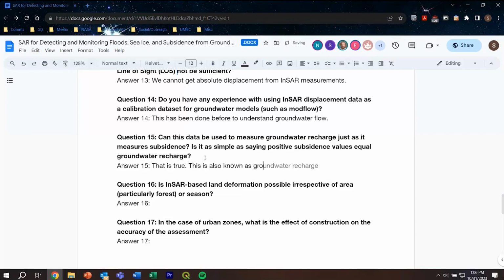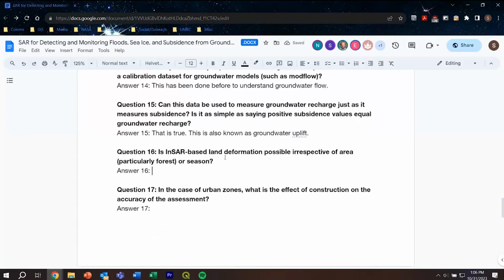Nice. Okay, question 16. Is InSAR-based land deformation possible irrespective of area, particularly forest or season? The Sentinel-1 satellite uses the C-band, or 6 centimeter radar wavelength, and that radar will not work well in areas of dense forest for InSAR.